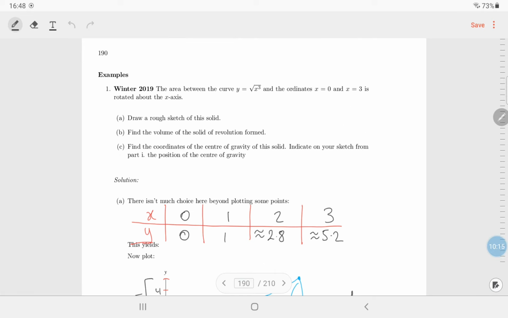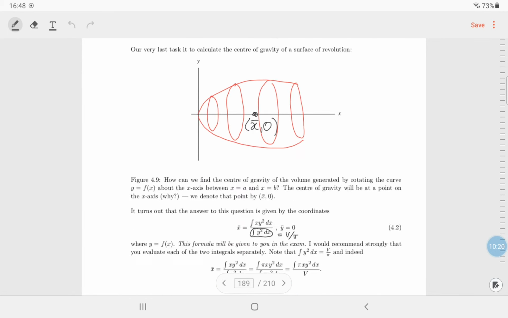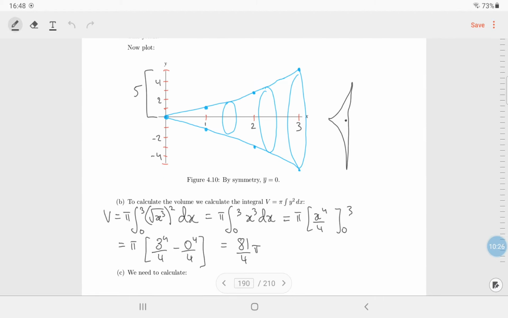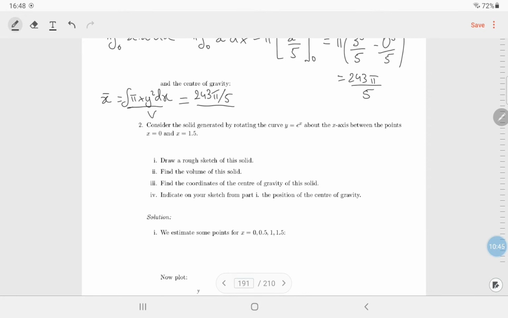Where's the formula coming from? Down the bottom, I think we'll use the last one, yeah. So x bar is the integral of pi x y squared dx over the volume. The integral of pi x y squared we just found was 243 pi over 5, divided by the volume, which is 81 over 4 pi.